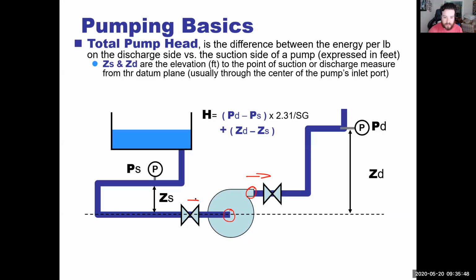So water is going to be flowing that way. It's the difference between the energy per pound on the discharge side versus the suction side of the pump, expressed in feet. ZS and ZD are the elevation in feet to the point of the suction or the discharge measured from the datum plane, usually through the center of the pump's inlet port.